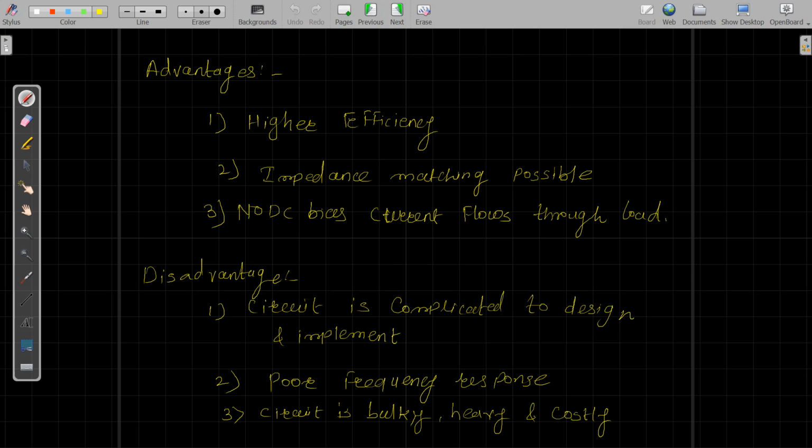But here, in the transformer coupled case, the windings have zero resistance, so no DC current flows through the load, and definitely you have less wastage of power. Along with that, there are disadvantages of the transformer coupled class A power amplifier.